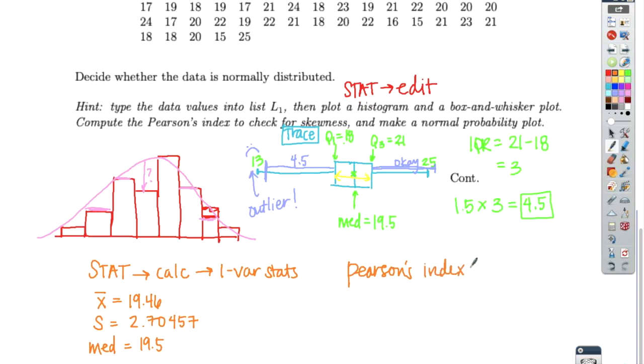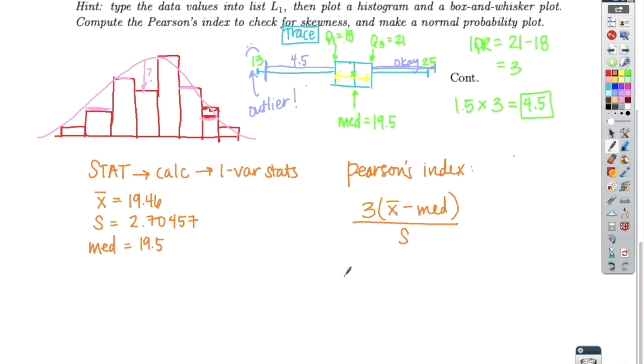So that's going to say 3 X bar minus the median all over S. So we're going to use these values to find the Pearson's index, which is going to indicate if there's any skew. Okay, so I've got the formula written down.